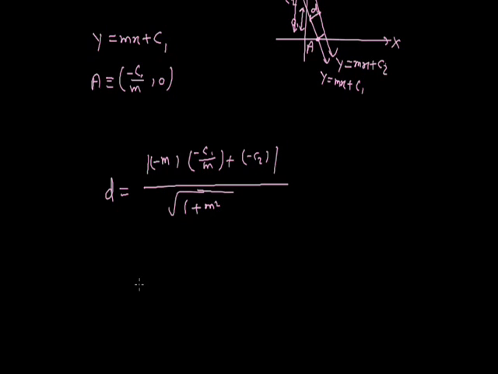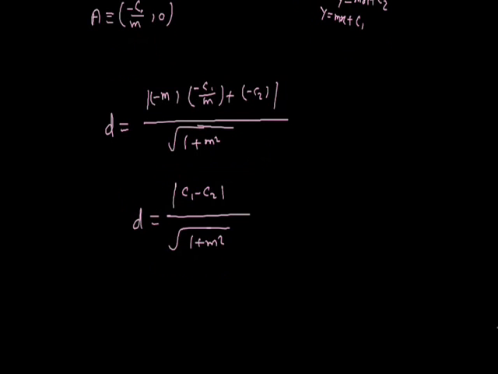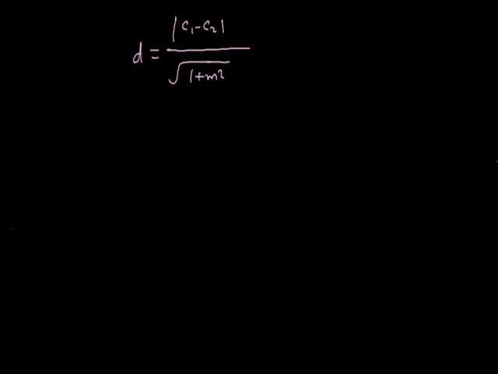Because the slopes of both lines are equal, d is equal to mod c1 minus c2 upon under root 1 plus m square. So this is the formula which we can use to find the distance between two parallel lines.